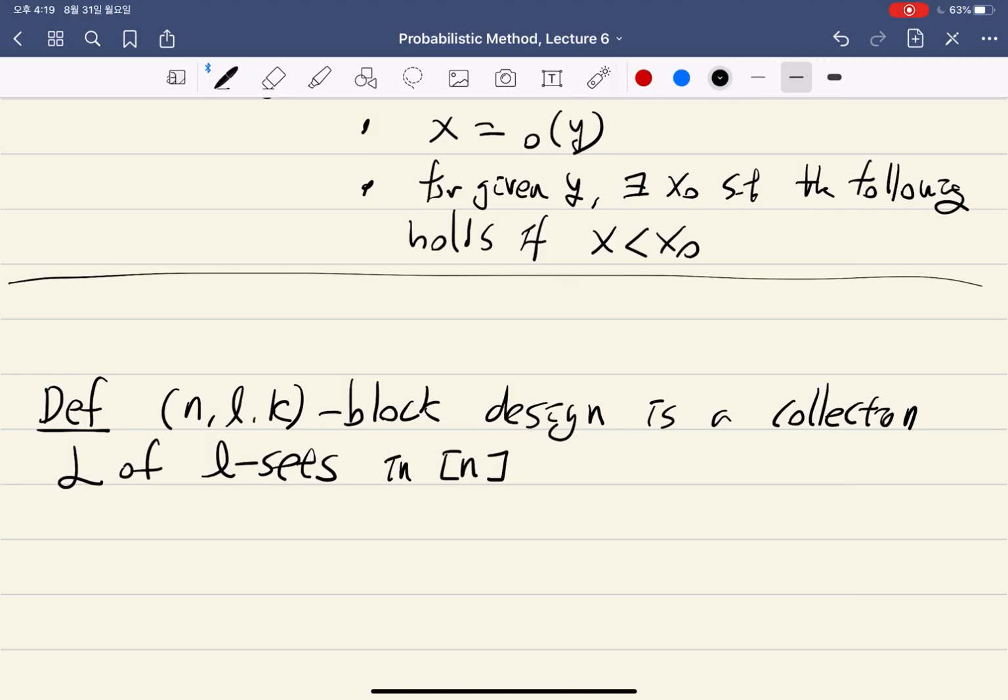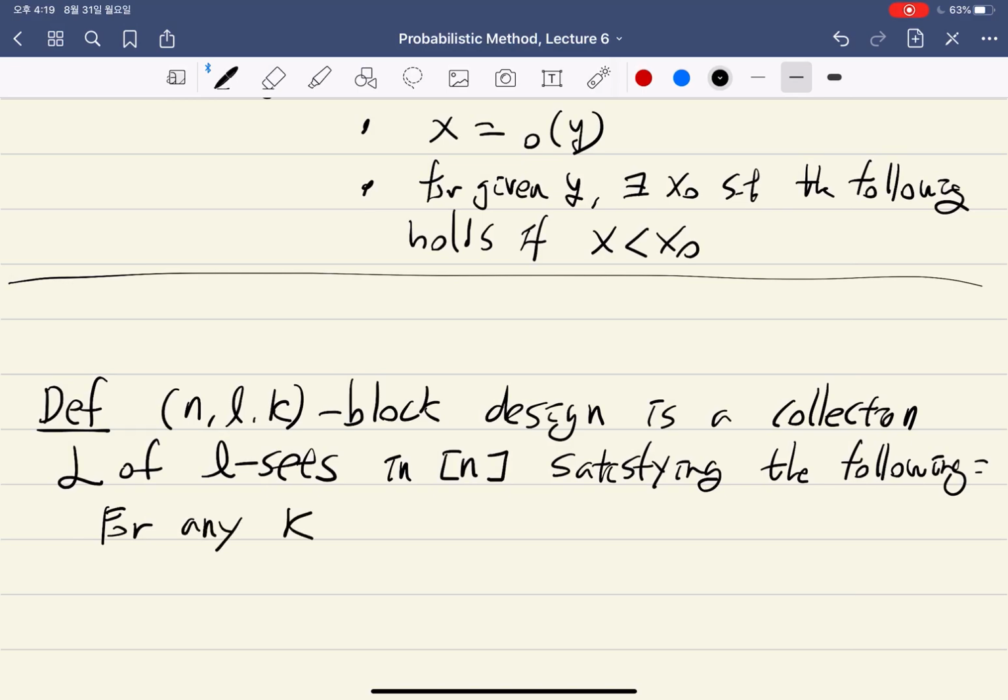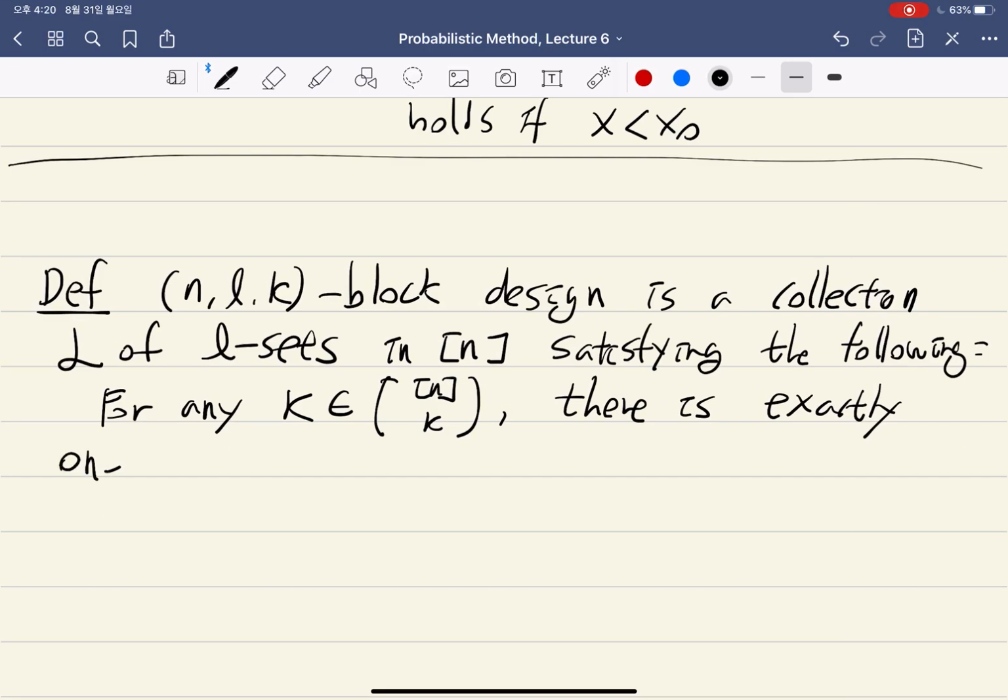So there is a set of n elements, and we consider a collection of l sets. If this satisfies that for any set of size k, there is exactly one l set in here containing k, then we say that this is an (n, l, k) block design.